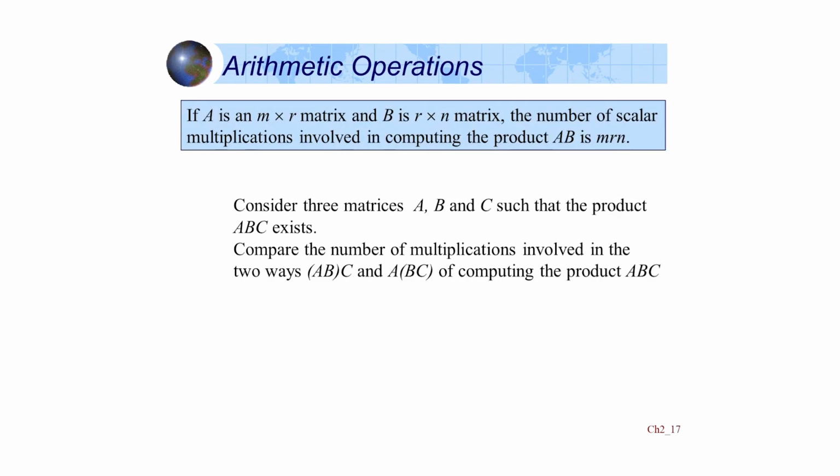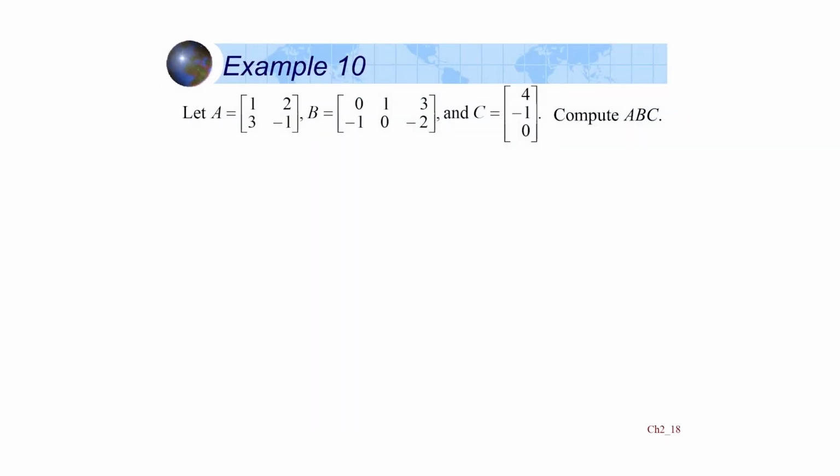Let's see example 10. Okay. So we are given three matrices A, B, C, and the product ABC is defined, it exists. Now we have two ways. First, we calculate AB, then multiply the result by C from the right side.